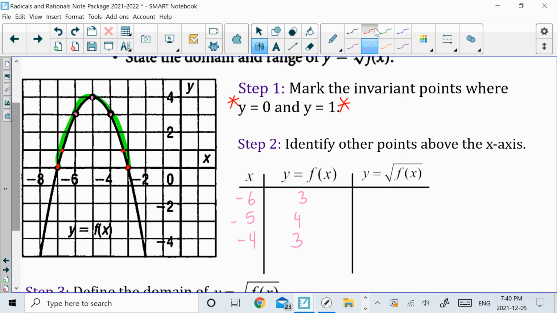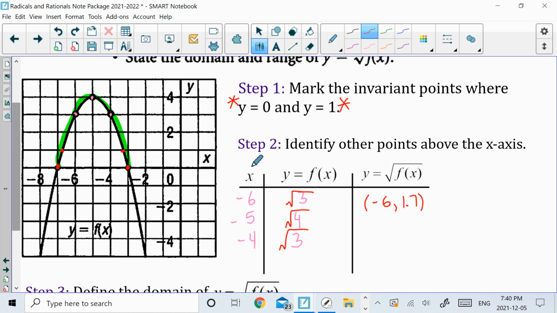To find the corresponding points on my radical function, remember we take the square root of the y values on the graph. So on my radical function, I'm going to have a point at -6 and the square root of 3, and the square root of 3, again, is approximately 1.7.